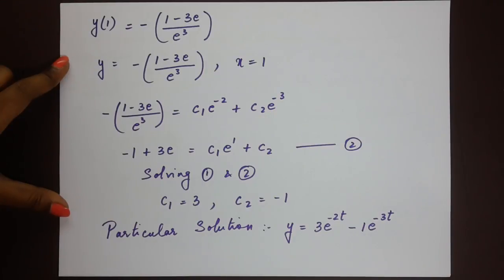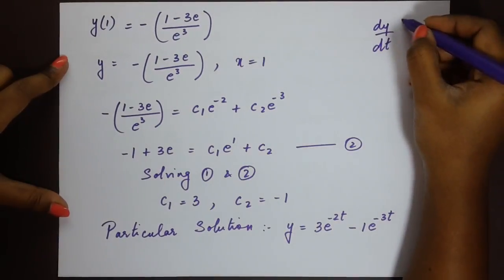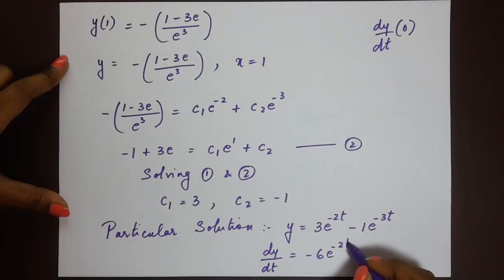Now the question asks us to find out what is dy by dt of 0. So first let's find out what is dy by dt. So here dy by dt is equal to minus 6 e power minus 2t plus 3 e power minus 3t. So that's differentiating y with respect to t.